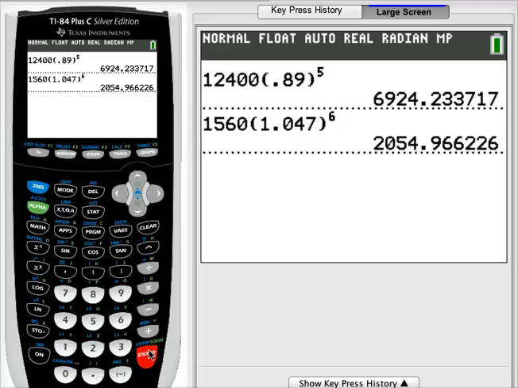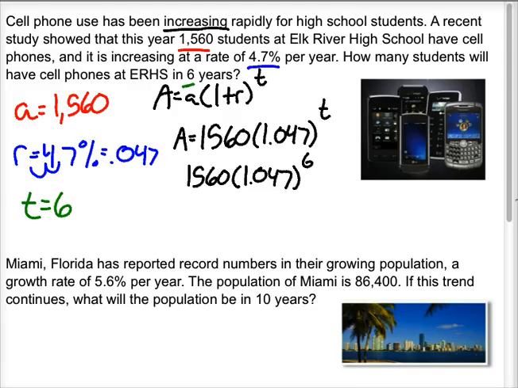Well, here we're talking about people, right? We're talking about number of people that have cell phones. So when we're talking about living things, it makes sense we're going to want a whole number. We don't want parts of people. So I'm just going to round that to a nice even 2,055 students will have cell phones.